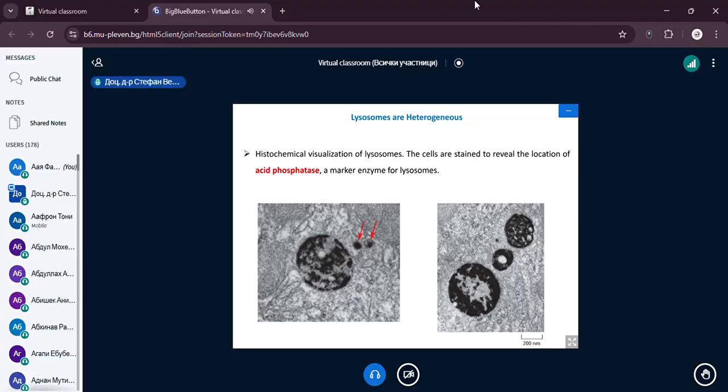Very frequently, to demonstrate lysosomes under microscope, we use the so-called histochemical reactions.